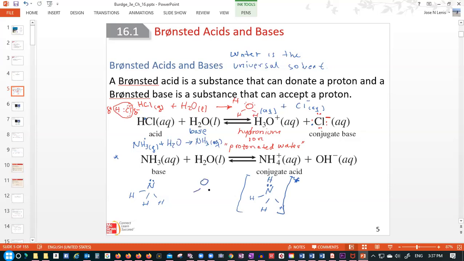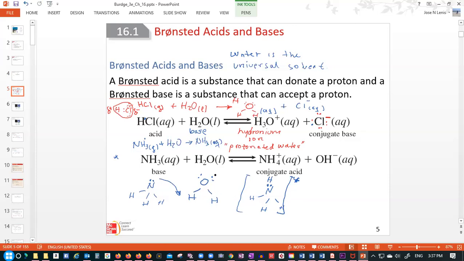So this is water, and this pair of electrons is strong enough to take that hydrogen, let's say, to steal the hydrogen from water.